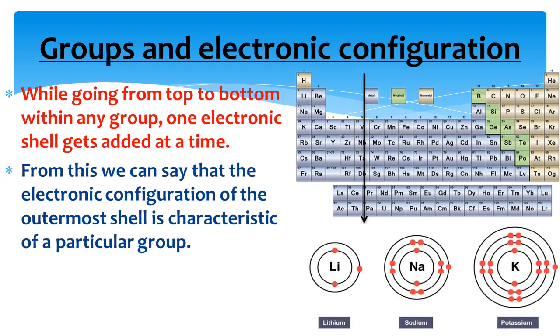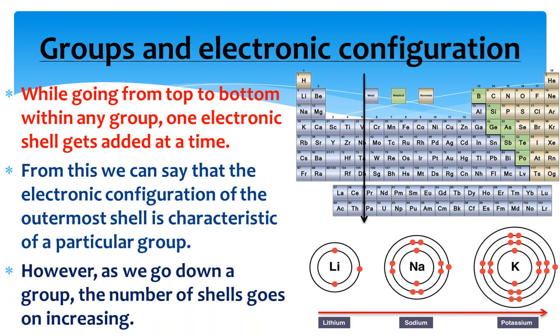You can observe the atomic structure of lithium, sodium and potassium: each shell is added as we go from top to bottom. In lithium 2 shells are there, in sodium 3, and in potassium 4 shells are present. So this is how the electronic configuration is increasing. As we go down a group, the number of shells goes on increasing.